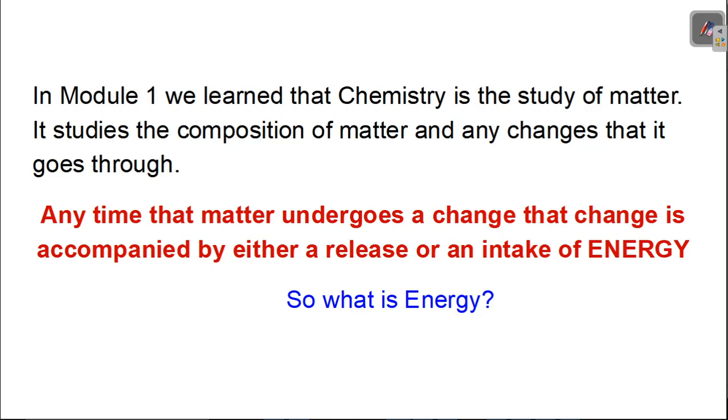So state changes, that's something that chemists study. They also, of course, study chemical reactions when substances change all the way, not only physical changes, but chemical changes that are not very easily reversible. You're going to learn all about that. So substances and the changes that go with those substances. That's what chemistry studies.